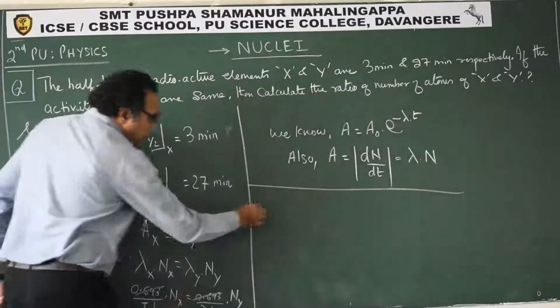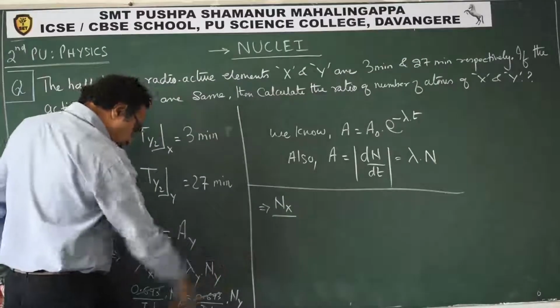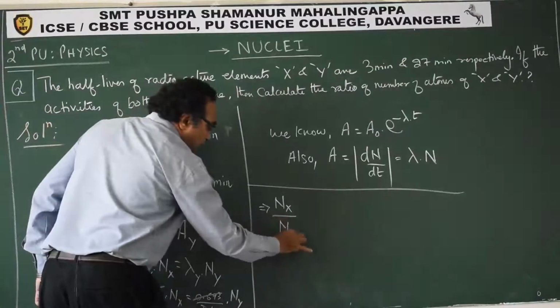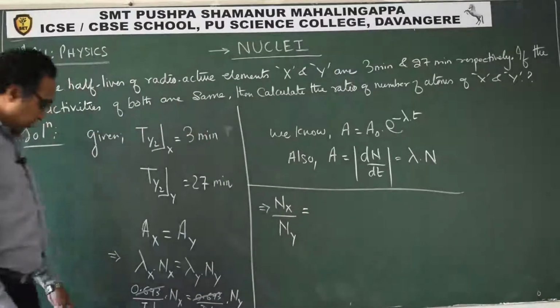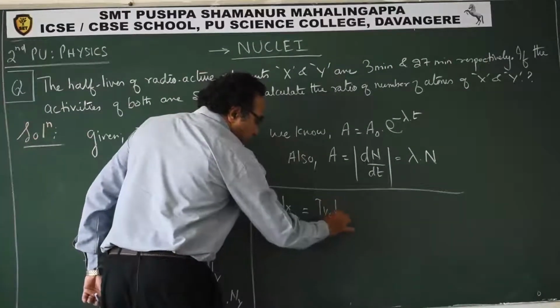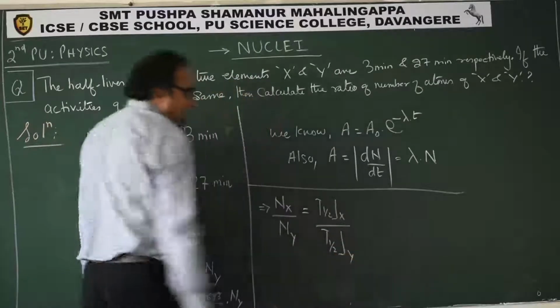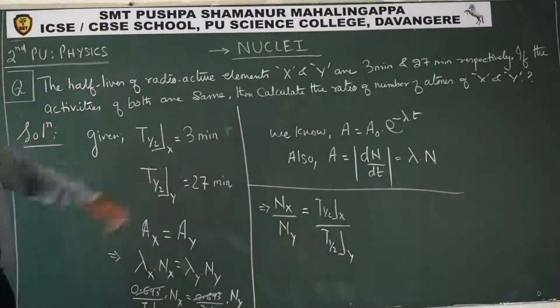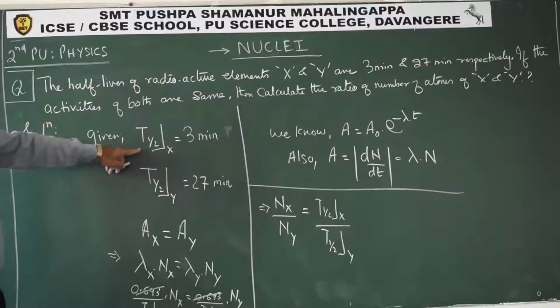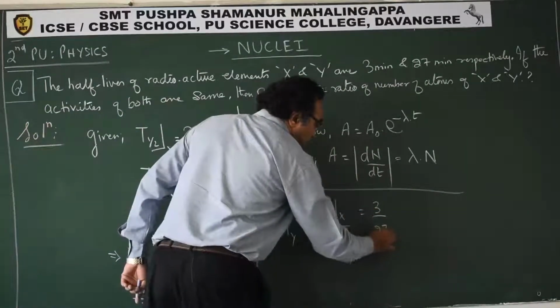Therefore we can say n of x upon n of y will give us t half of y upon t half of x, as simple as that. What is t half of x? It is given as 3. So this is 27 by 3.